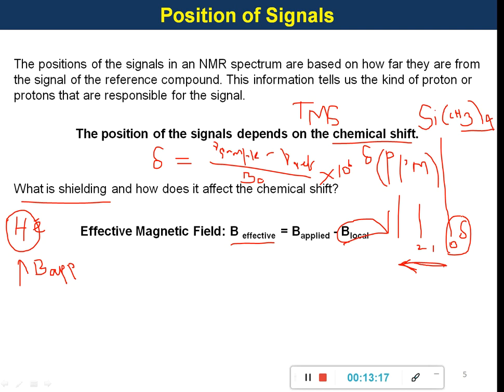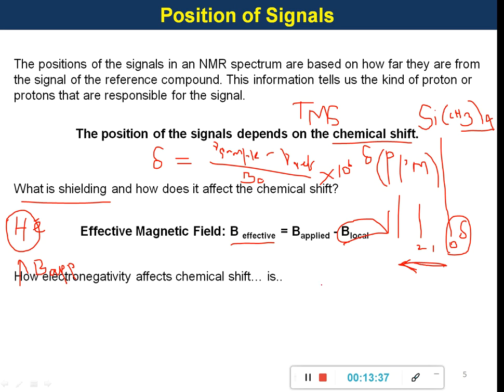This number varies between nuclei in the molecule. According to this formula, the greater the electron density around the nuclei, the larger the B local will be, and the more the proton is shielded from the applied magnetic field.